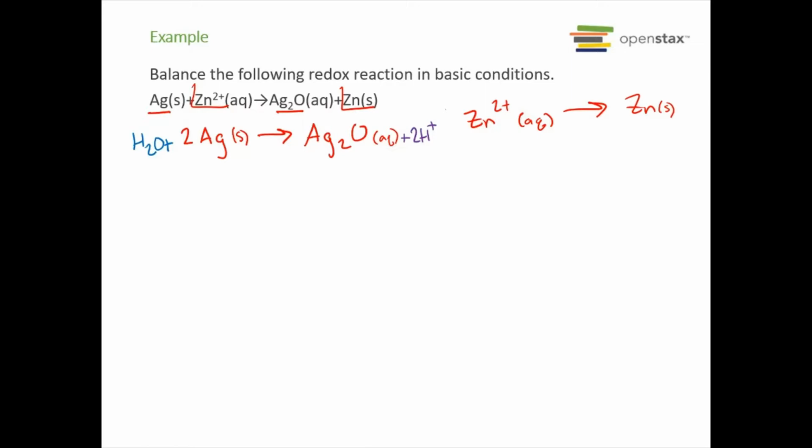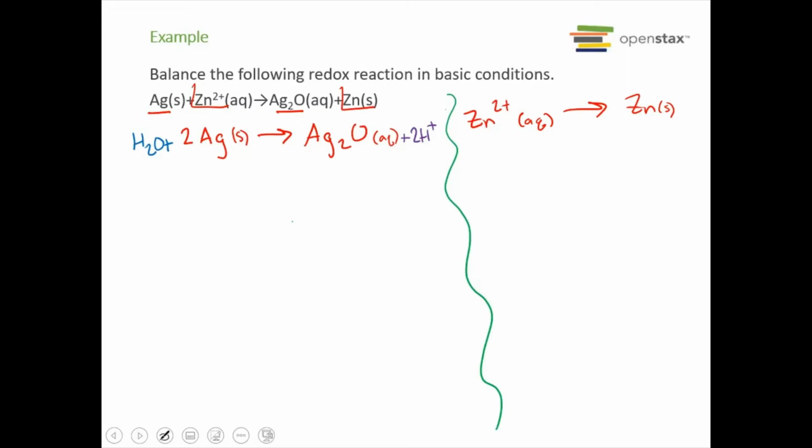Now, our next step is to add electrons to balance our charges. Get another pen color here. Let's do green for electrons. Why not? So what we first need to do is look at our charges on each side for each half reaction. So what we should notice here is on the left side for silver, water is an overall charge of 0.